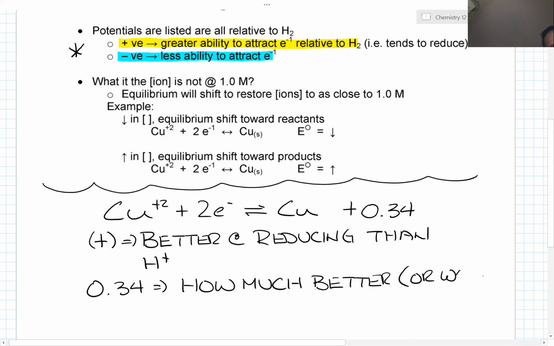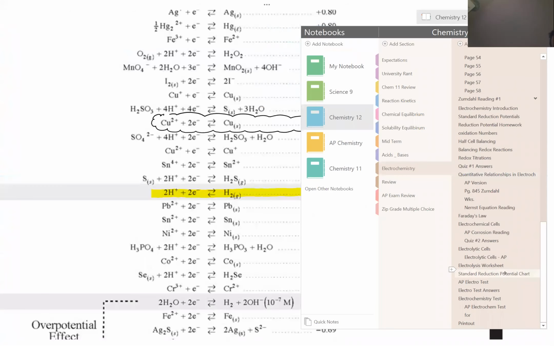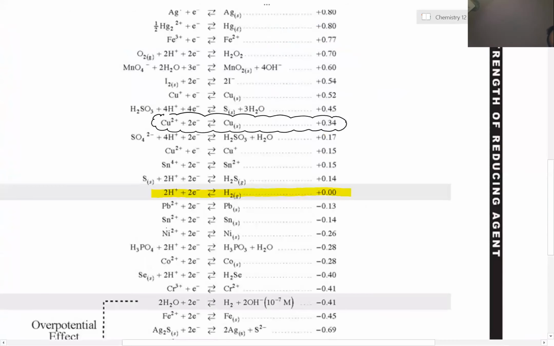Why did I say worse? Because if it's a negative one, then that means it's worse than H+. So if we take a look at the standard reduction potential table, let's take a look at nickel. Nickel is minus 0.26. In this case, the negative value means that it is worse at reduction than hydrogen, and by how much is 0.26.